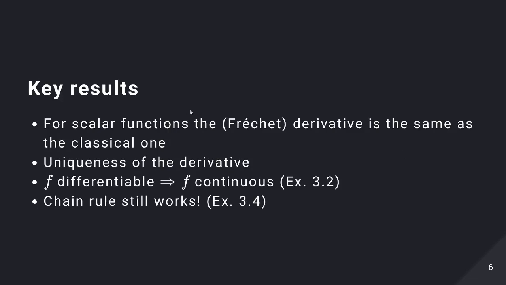So key results of that section: for scalar functions, the Cauchy derivative is just the same as the classical one, so yay. Pretty useful that the derivative, when it exists, is unique. Thank God for that. And the nice thing about the derivative is that when f is differentiable, the chain rule still works.